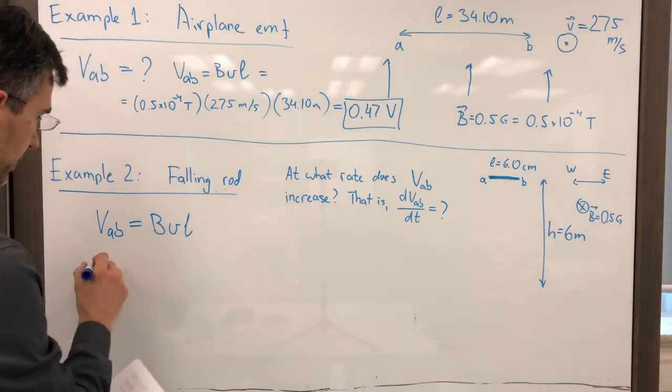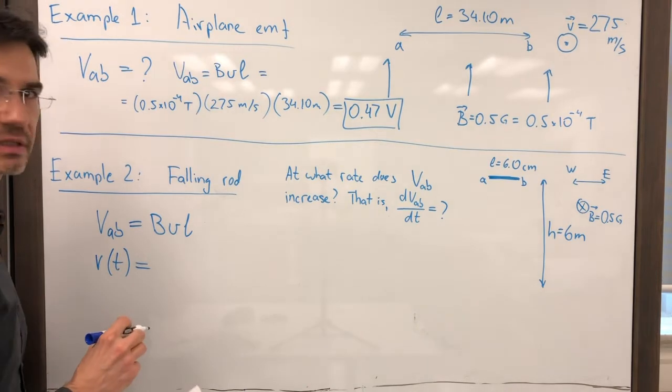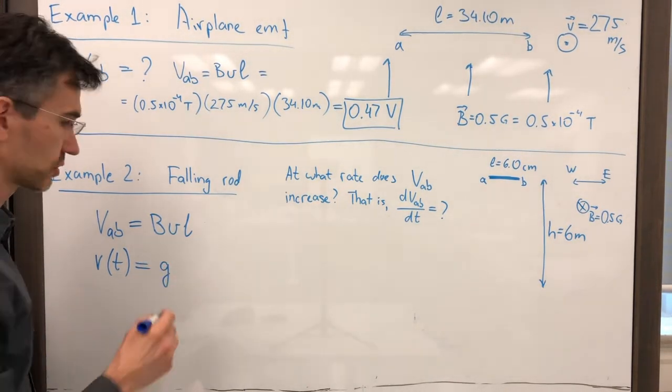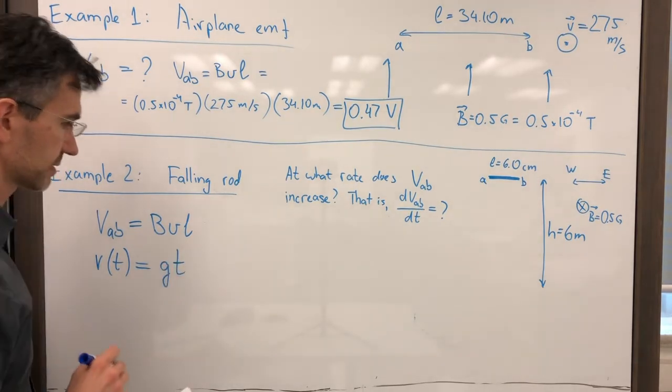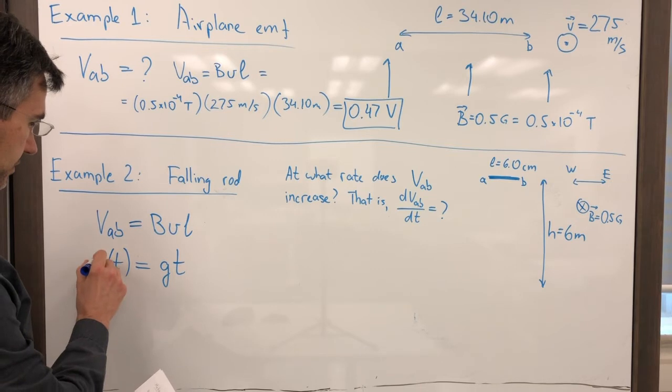So our expression for the velocity as a function of time under constant acceleration is going to be the gravitational acceleration, g times t, as time goes. So this is velocity here, not potential.